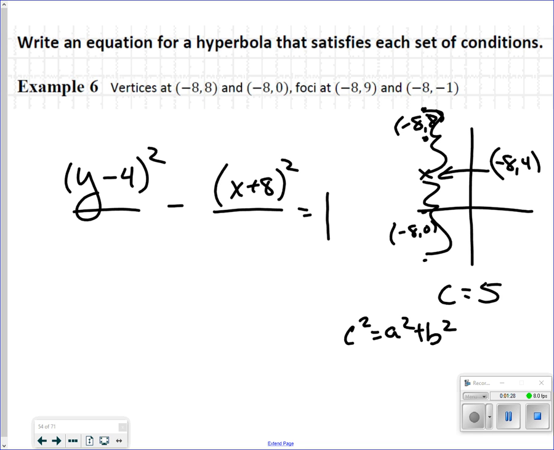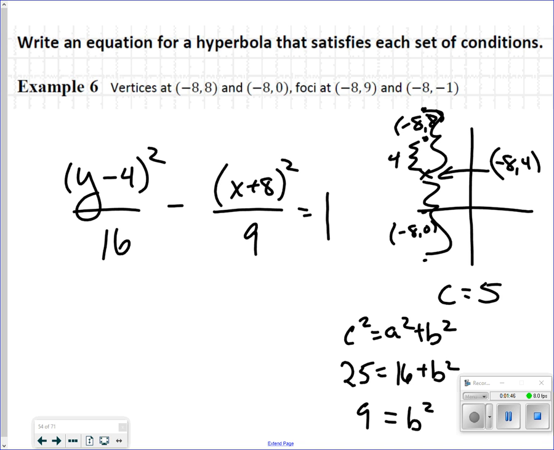And under the y is going to be a 4 squared because it went up and down 4 to get to the vertice points. So with that being said, 25, that's C squared, equals A squared plus B squared. So I know that B squared is 9 based on that information. So there's a lot of things that you had to get from this, working the problem backwards.